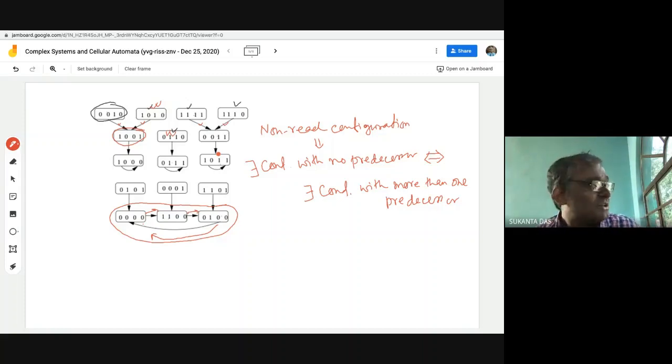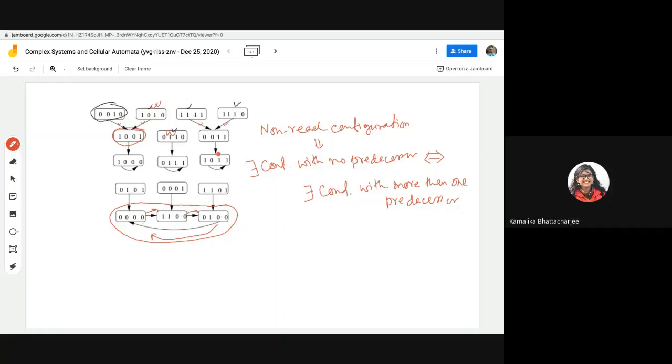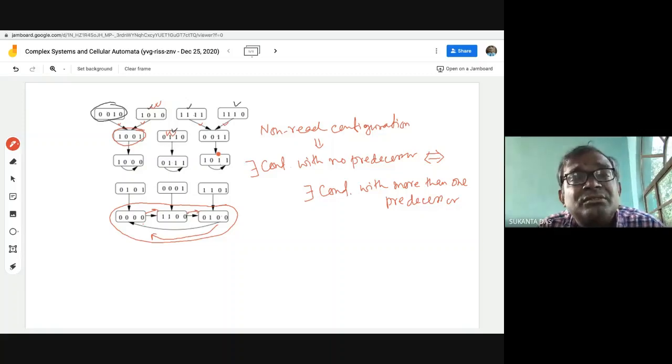In case of reversible CA, any question? Sir, why 0110? This is a reachable configuration. You said non-reachable configurations are the first four configurations, right?